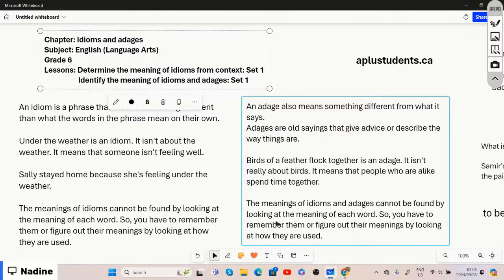And the lessons that we are focusing on are to determine the meanings of idioms from context, and to identify the meaning of idioms and adages. All right.